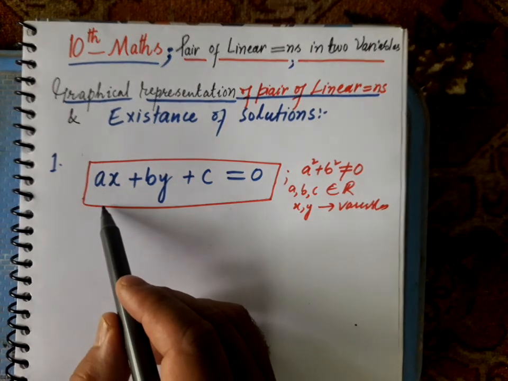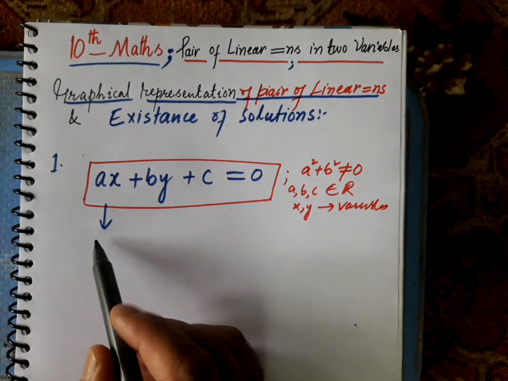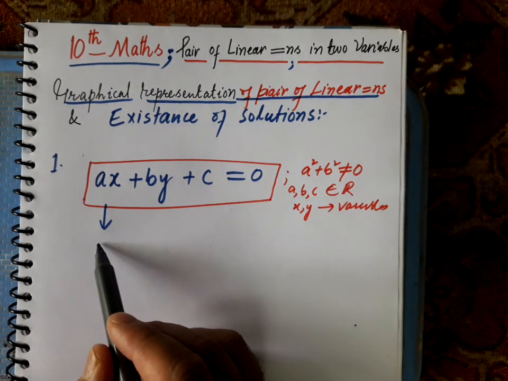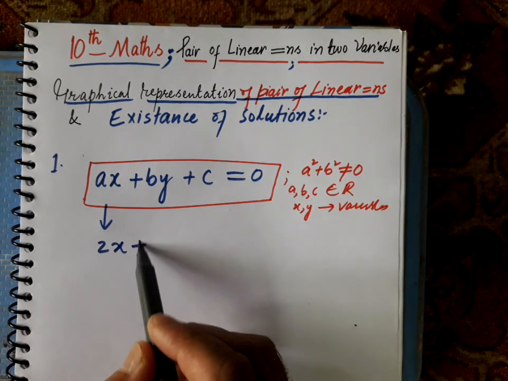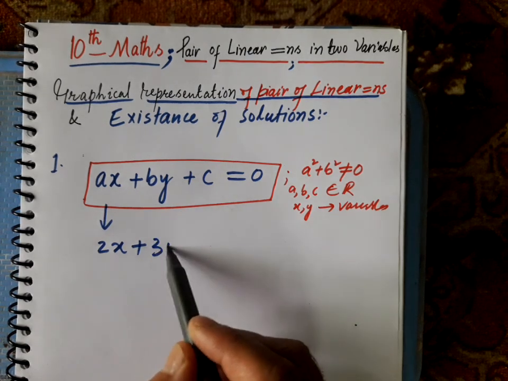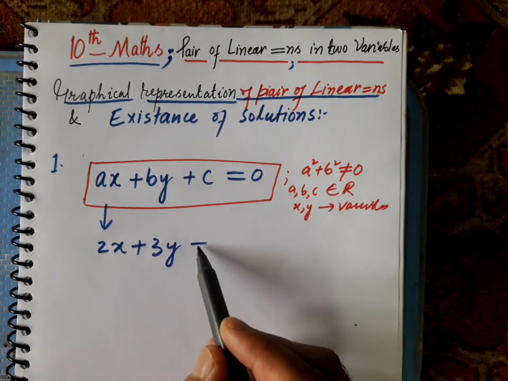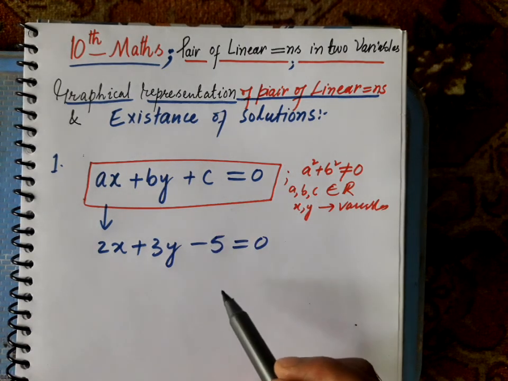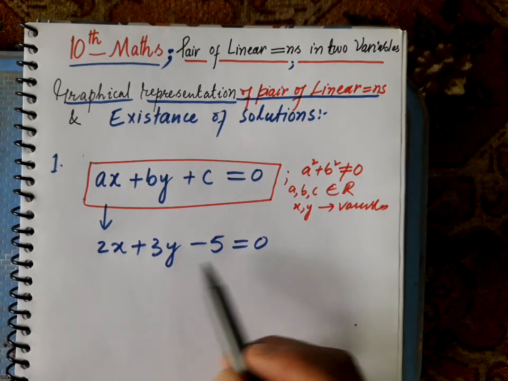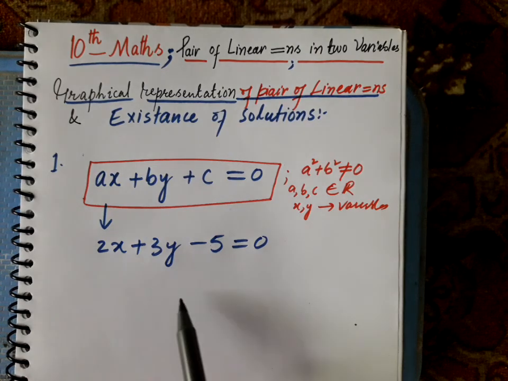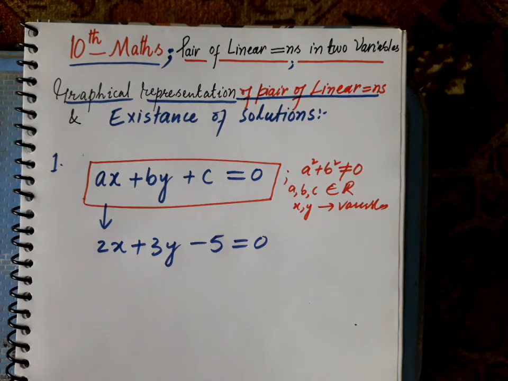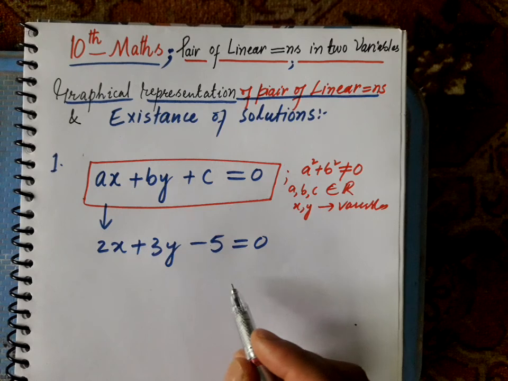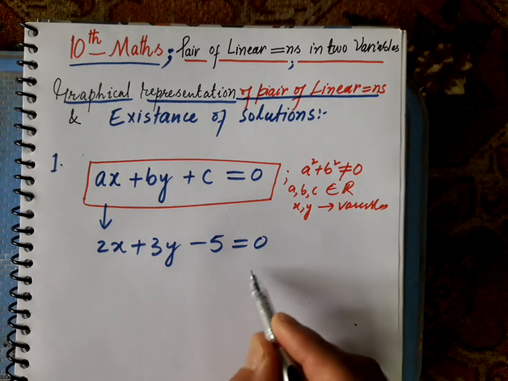For example, if you plot a graph for the equation 2x plus 3y minus 5 equal to 0, its graph will be a straight line.